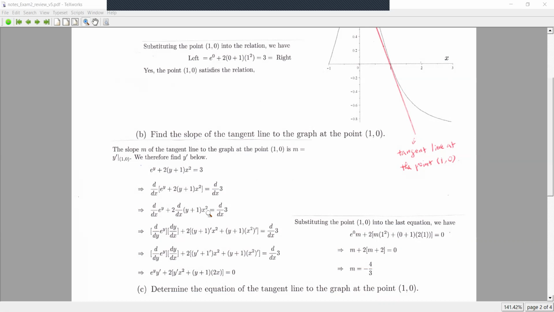By the product rule, this derivative is equal to derivative of the first function, y plus 1 derivative, times the second function, x squared, plus the first function times derivative of the second function. Y plus 1 derivative by summation rule is y derivative plus 1 derivative.